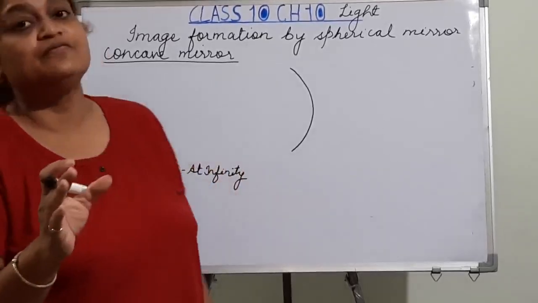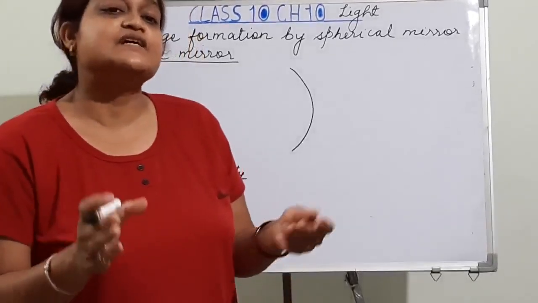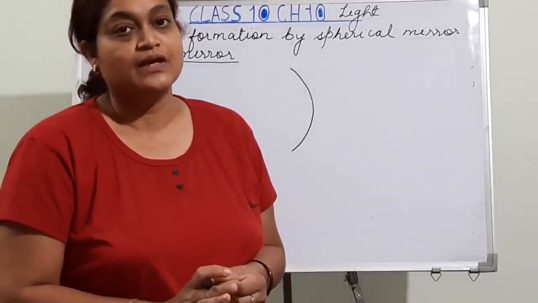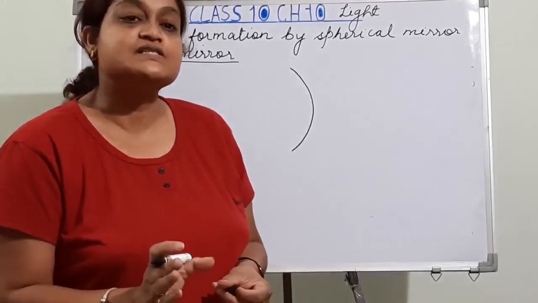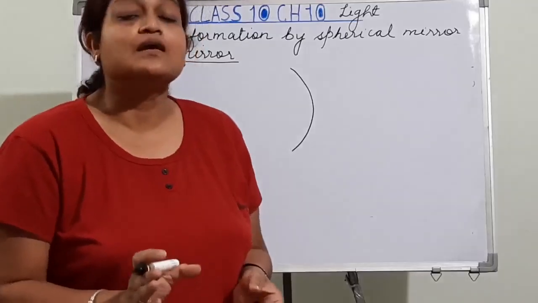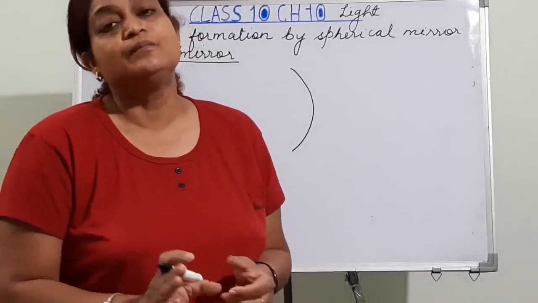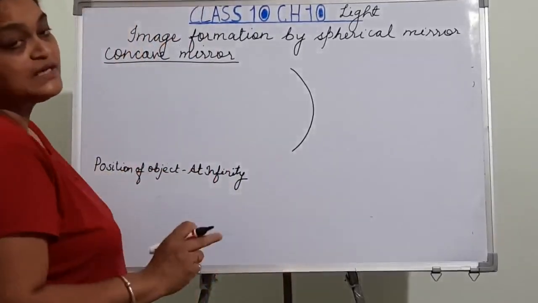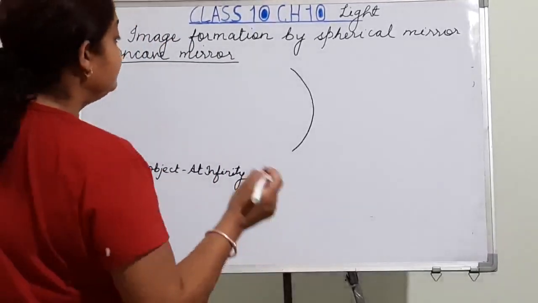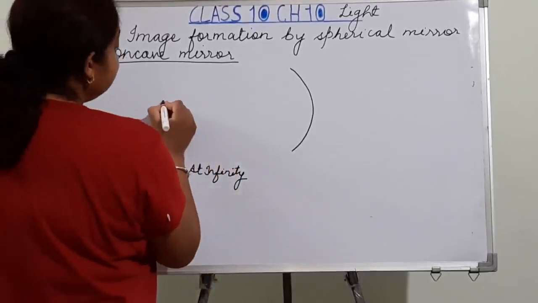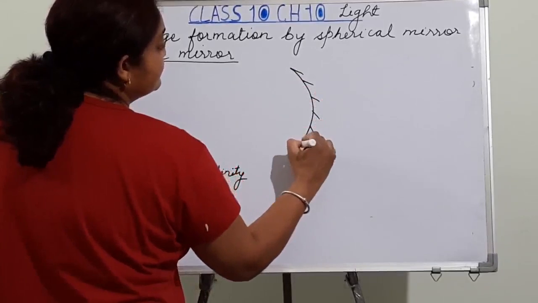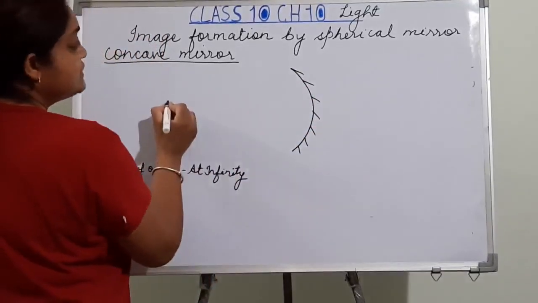So from infinity, the rays which are coming from the light source are taken as parallel. Okay, from infinity, whenever we consider the rays, they are coming parallel to the principal axis. So the position of object is at infinity. So this is a concave mirror, right?